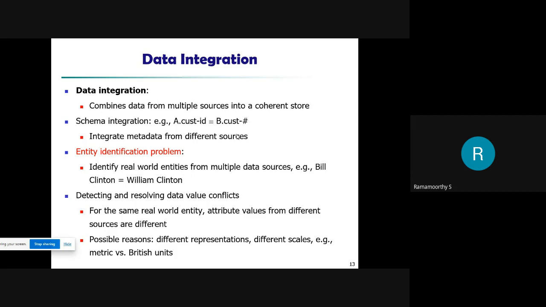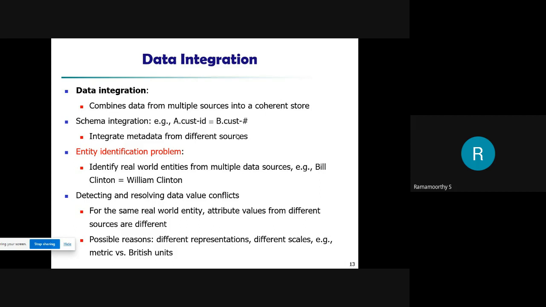For example, if you want to join the customer A table and the customer B table and integrate the customer details as a whole, you integrate the metadata from the different sources. That is also part of schema integration.